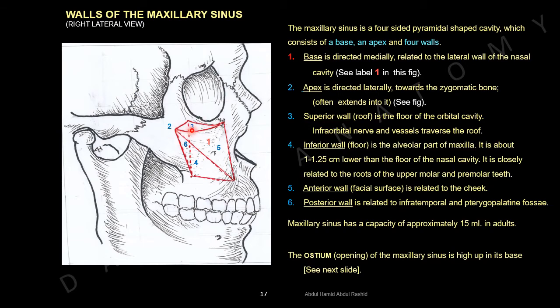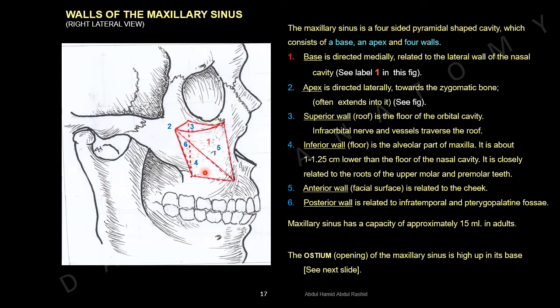Next, number 3 is the superior wall or roof of the maxillary sinus. It is also forming the floor of the orbital cavity. Through this wall, the infraorbital nerve and infraorbital vessels traverse.